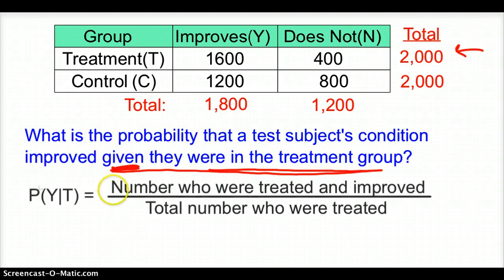So I'm going to bring it up here. To find our probability, we're going to take the number of people that were treated and improved. So there it is. We have 1,600 divided by how many people were treated, which was 2,000.